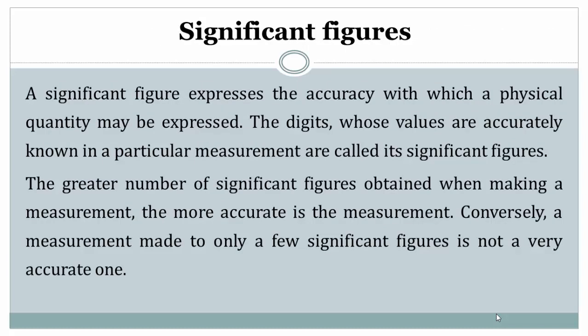Now let us understand what are significant figures. A significant figure expresses the accuracy with which a physical quantity may be expressed. The digits whose values are accurately known in a particular measurement are called significant figures.